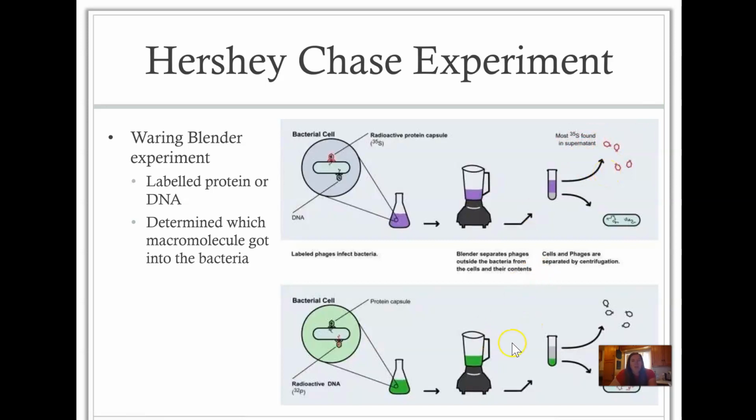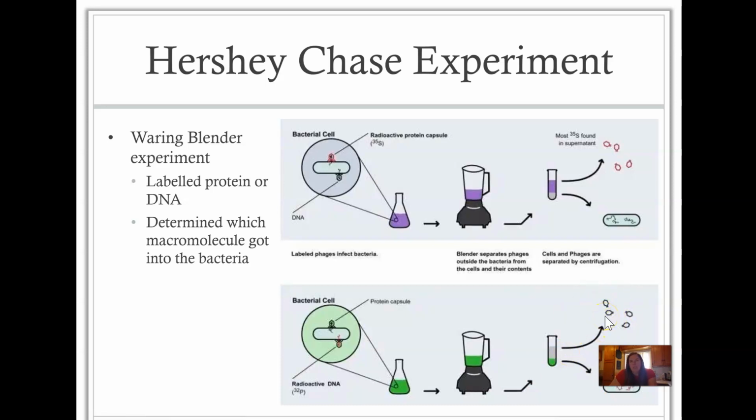And as we know, if we look at this bottom one, what actually gets into the bacteria, of course, is the DNA. So when they radio-labeled the DNA and ran it through the same experiment, blended it, spun it down, they saw that the radioactivity was actually in the bacteria instead of in the bacteriophages.